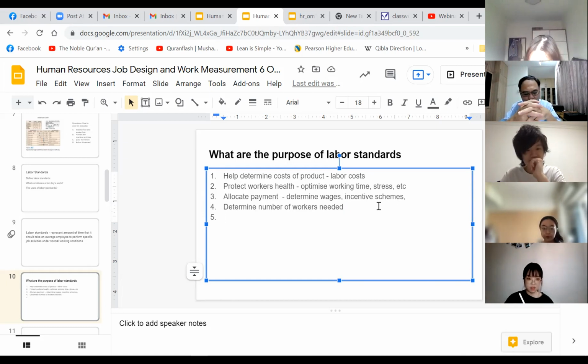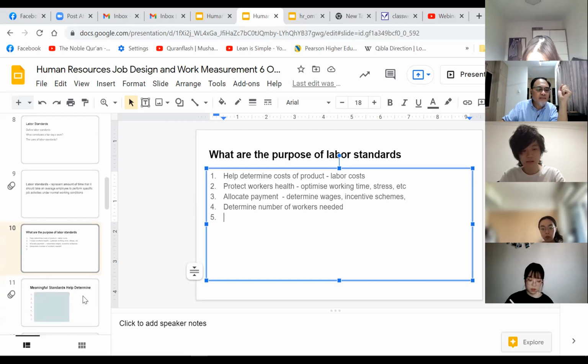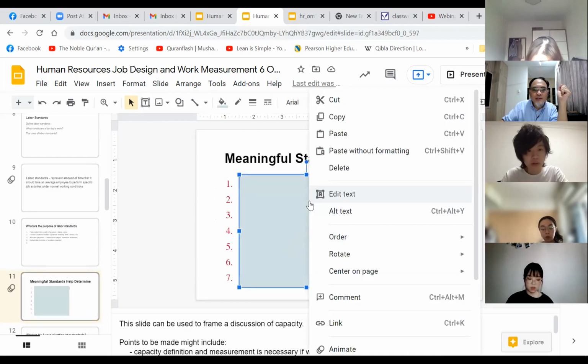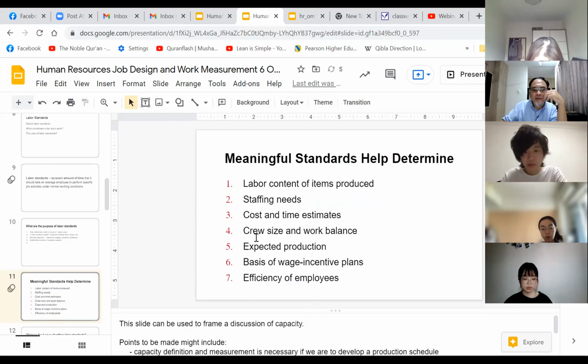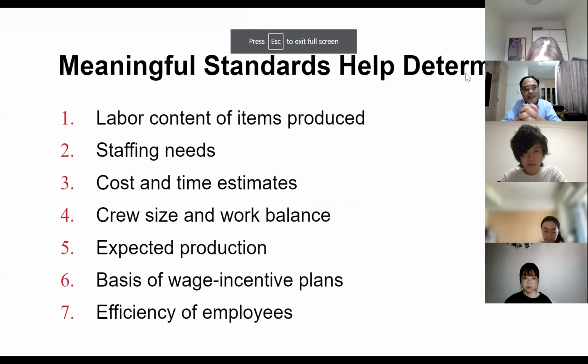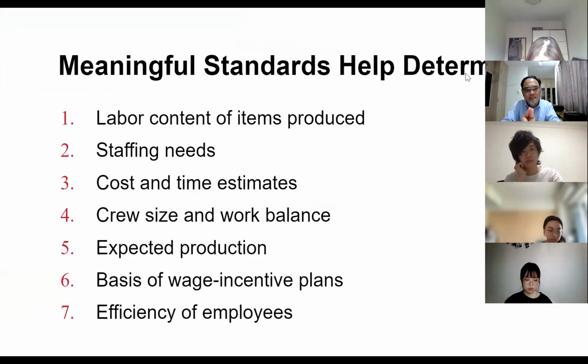The book also gives you a lot of these purposes. It gives labor content of items produced, staffing needs, which I said just now, cost and time estimates, crew size, work balance, and balancing the work.